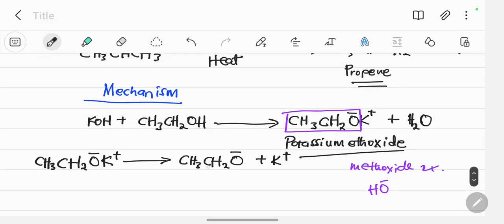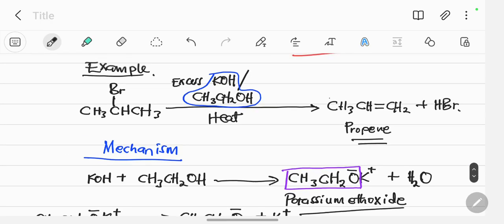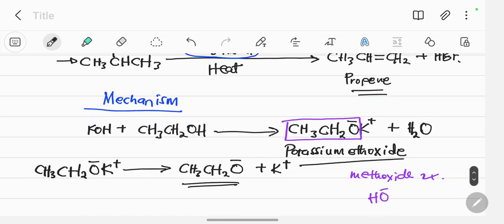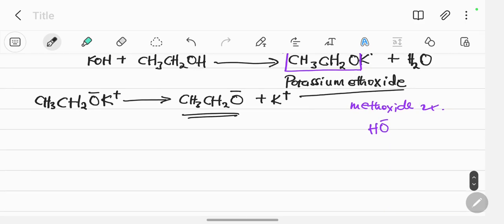Then after getting this, we are going to now attack the main reactant there. So our main reactant is CH3 CH Br CH3.